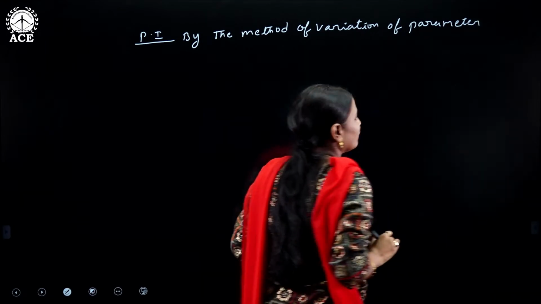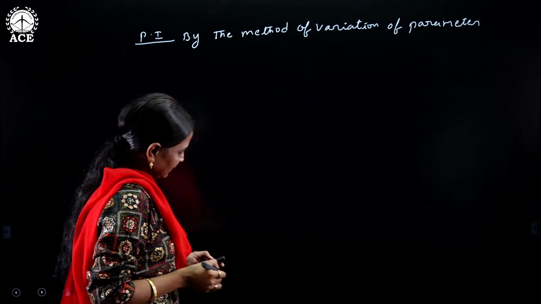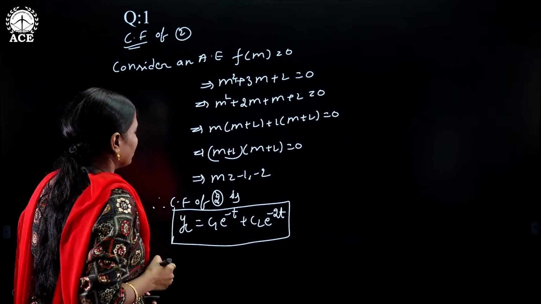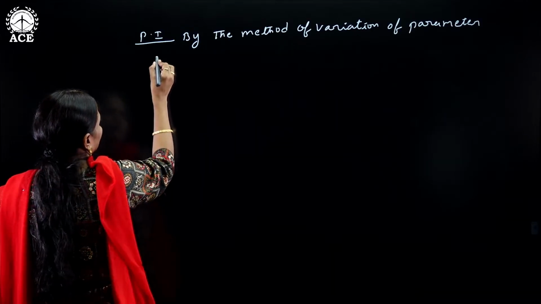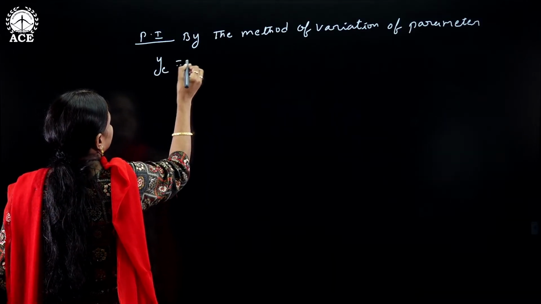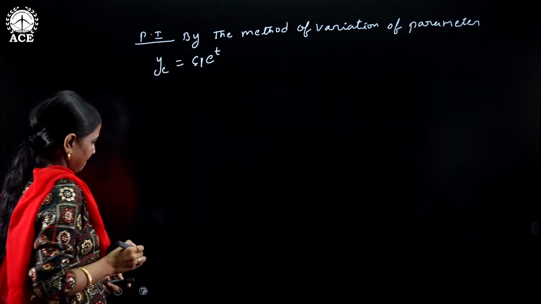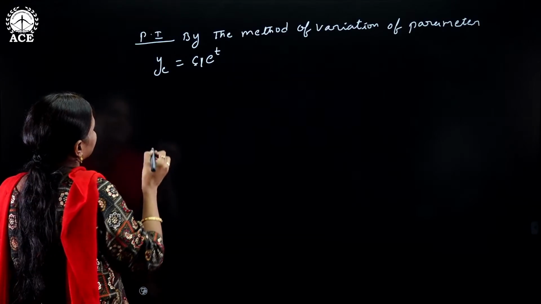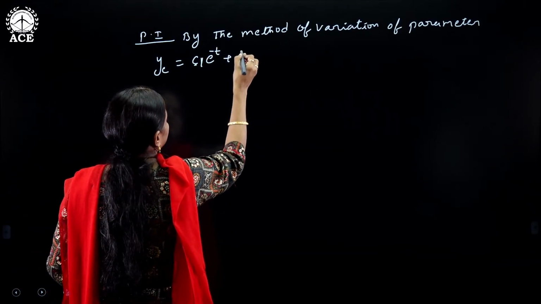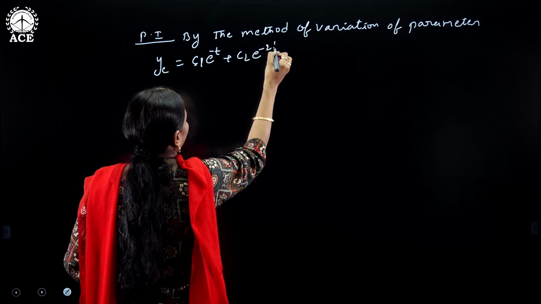What is the method of variation of parameters? First, write the complementary function. The complementary function is already completed. So yc is equal to c1 into e power minus t plus c2 into e to the power minus 2t.